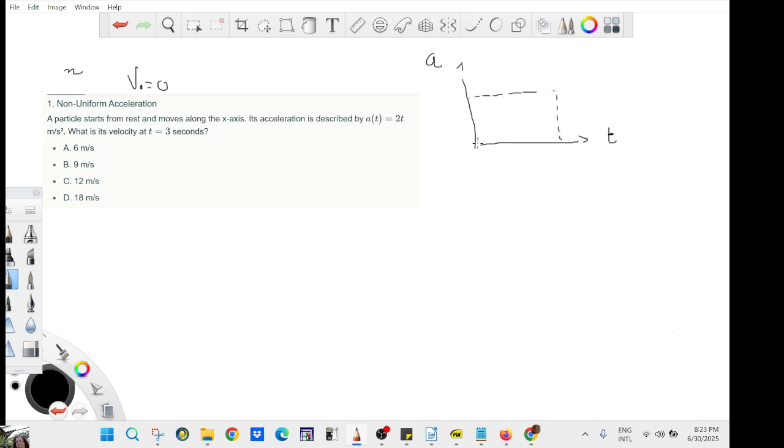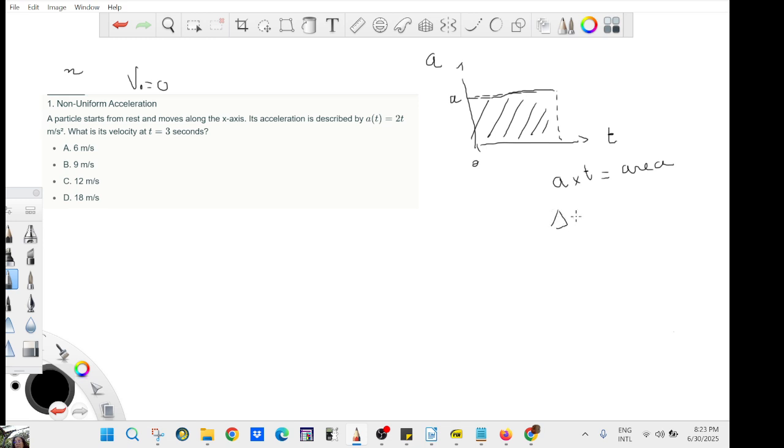Okay, so you start at 0 here, you have some acceleration, and the acceleration is constant because the force is constant. Now, if you were to find this area here, you have A, the acceleration, times T. That's going to be the area under the acceleration as a function of time.